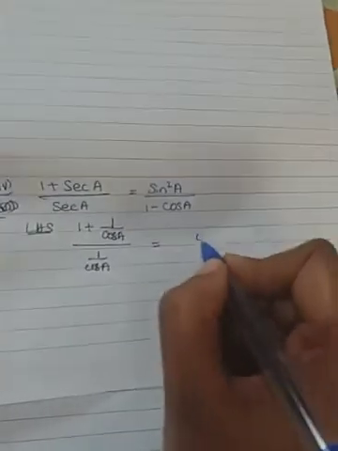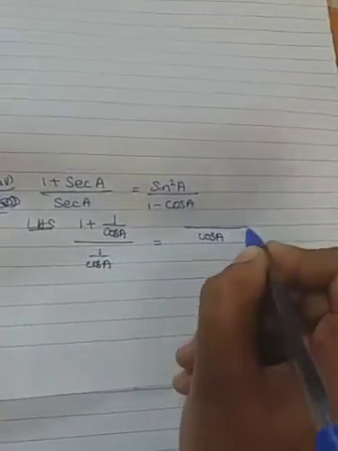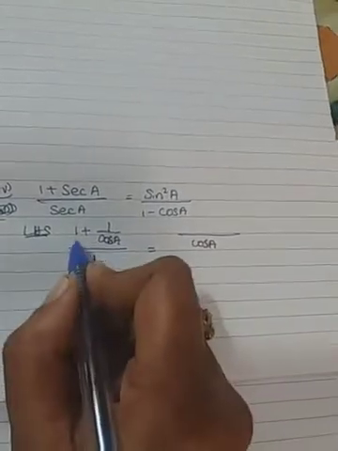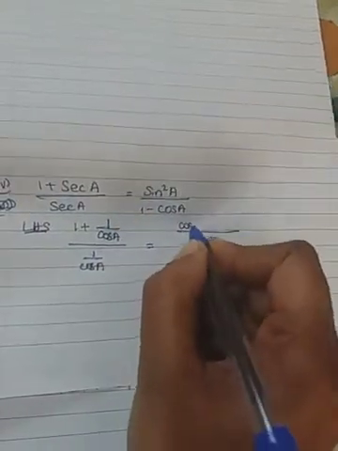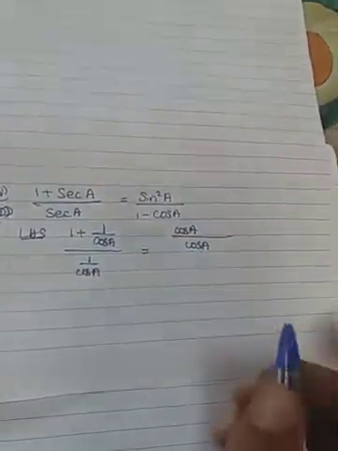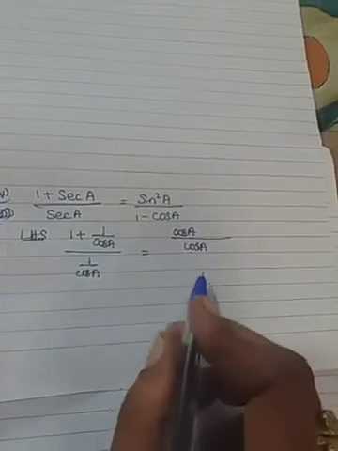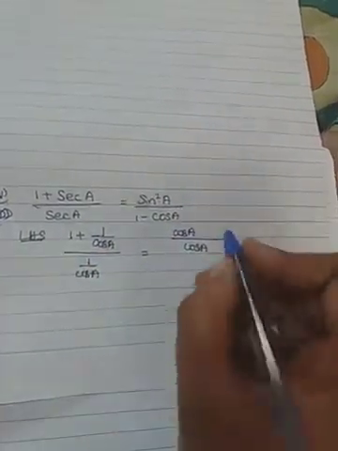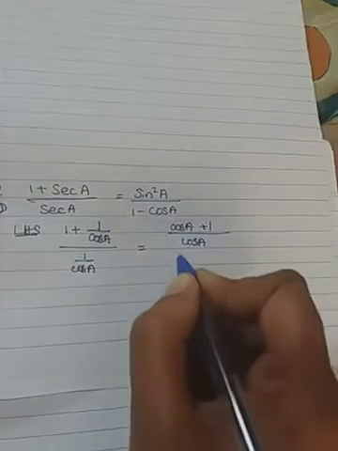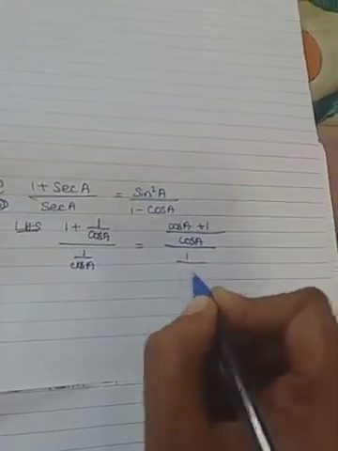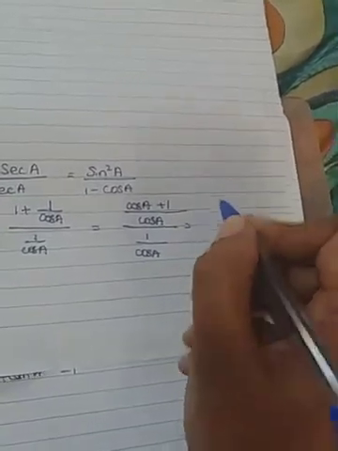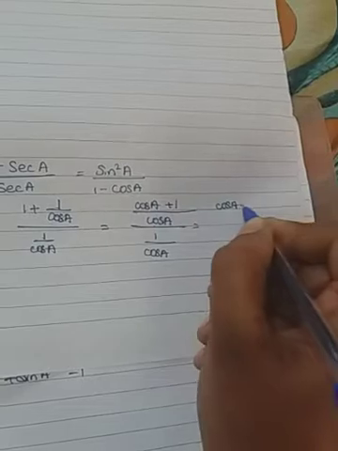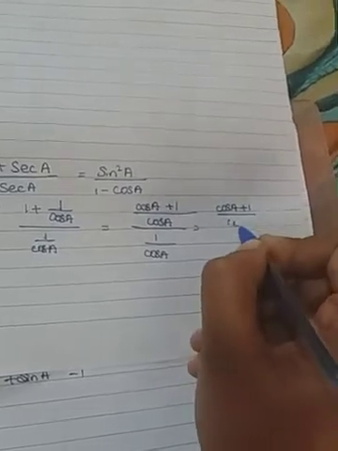Taking the LCM in the numerator as cos a, 1 becomes cos a divided by cos a, so the numerator is (cos a plus 1) divided by cos a, over 1 divided by cos a.